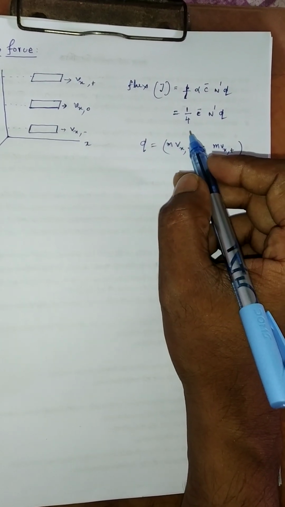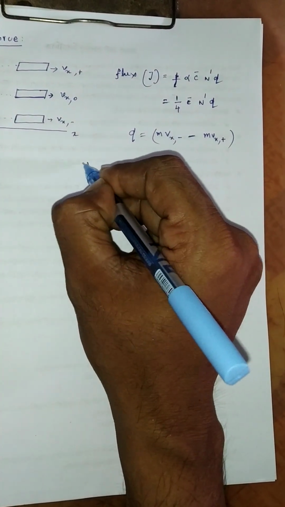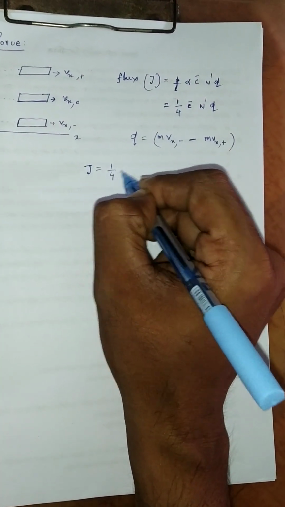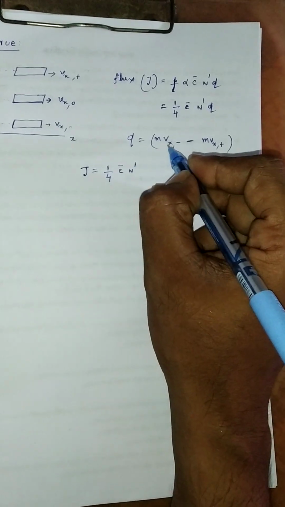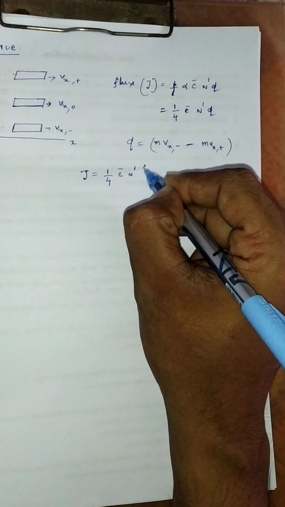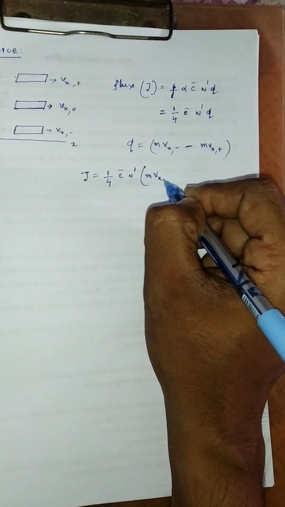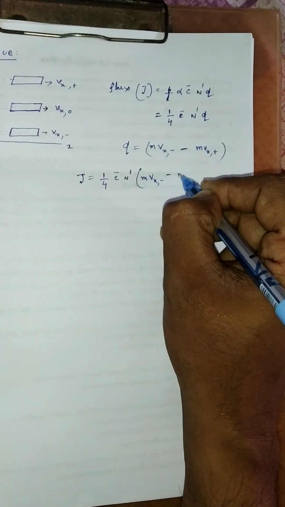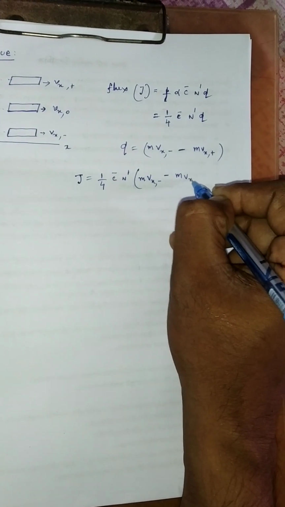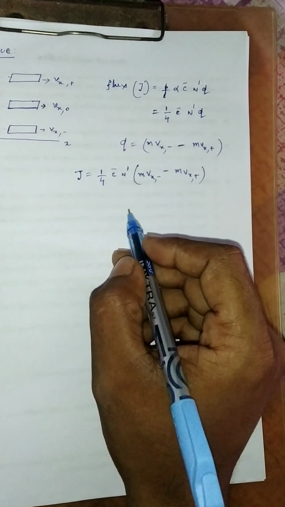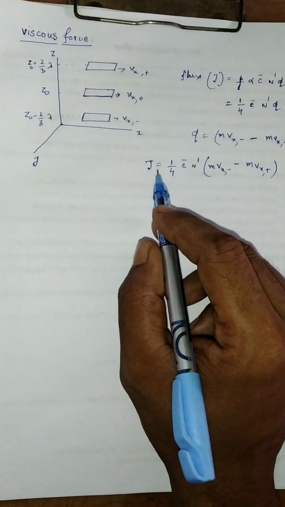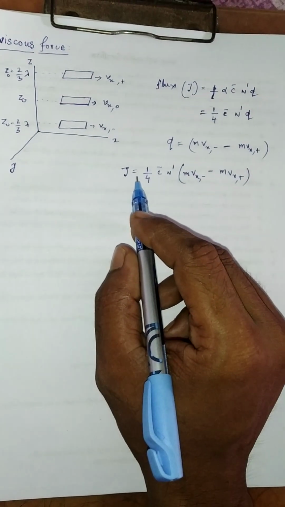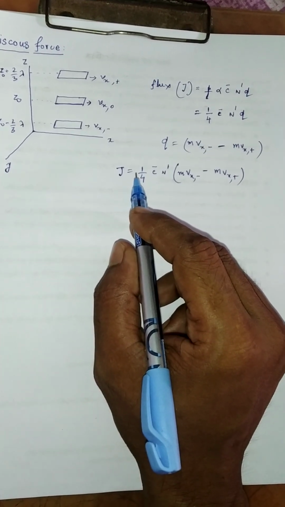So J will be equal to 1 by 4 C average N dash, and in place of Q we write m Vx minus m Vx plus. So the flux J is equal to the change in momentum through the layer.